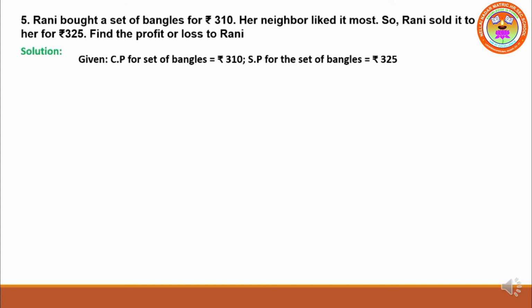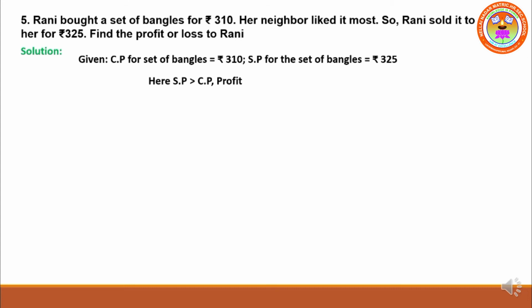So first we have written CP and SP for the above question. Now we have to find whether it is a profit or a loss. So what should we do? We have to compare both CP and SP. When I compare both the values, I find that my CP is less than SP. So in this case, it is a profit.